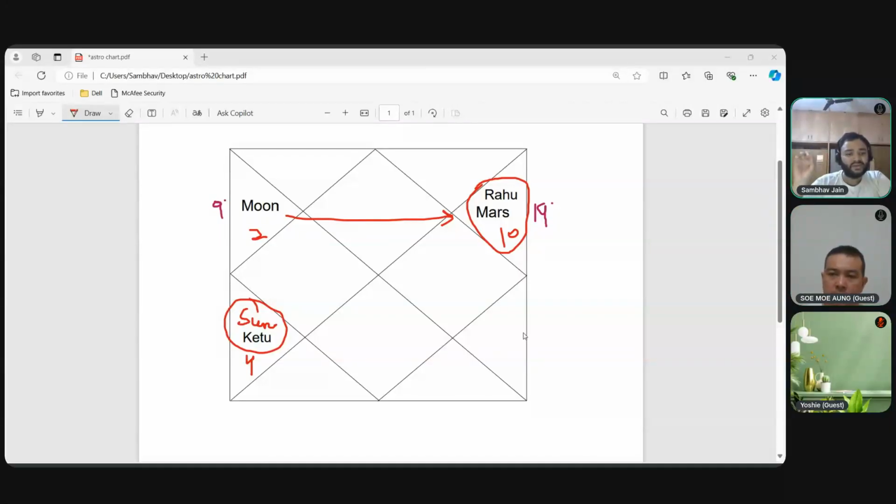And mother is heading towards Mars Rahu, big army. Maybe in this chart, mother can be a big officer in cantonment or army, a big government officer in military, because mother is carrying the energy of Sun and Ketu, the combination for government officer, government position, and Moon is heading towards exalted Mars Rahu.